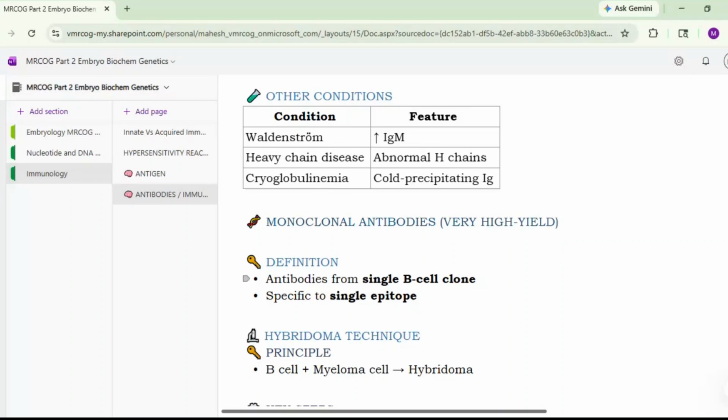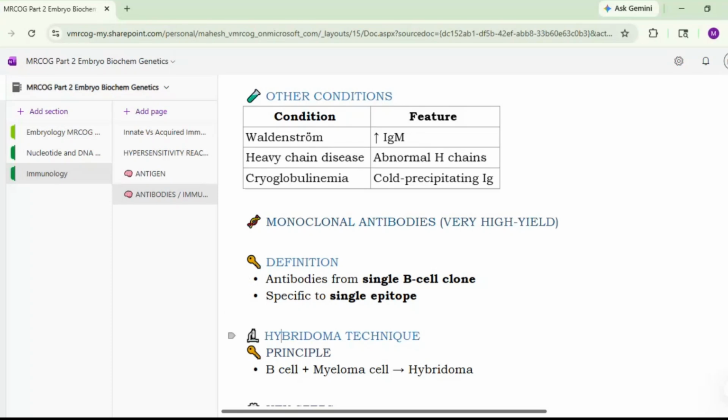These monoclonal antibodies are used in treatment also. These are antibodies produced from a single B cell clone, and they are specific to a single epitope.